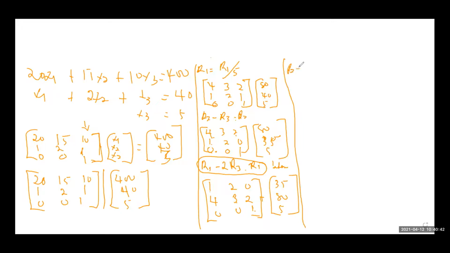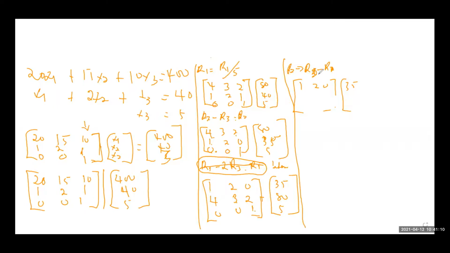Okay, sir, please, we are working on row 2. We subtract row 1 from row 2. Row 2 minus row 1. Okay, so let's see. Row 1 is still 1, 2, 0, then you have 35.